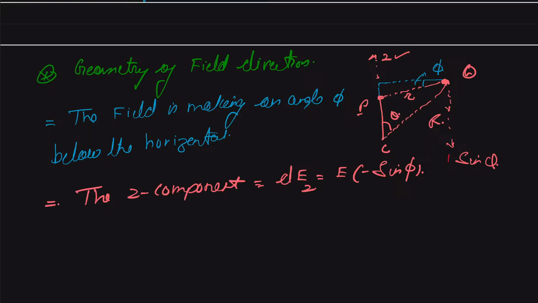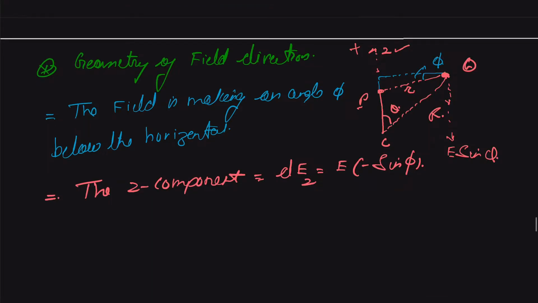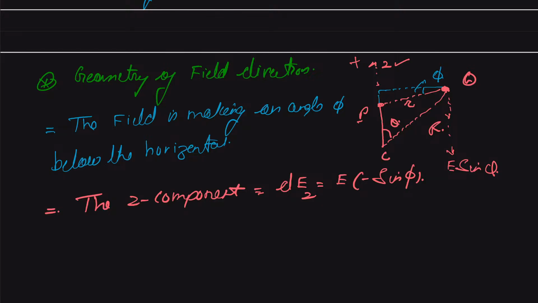Okay. And with respect to our electric field, this will be in the downward direction. Upward is positive, so downward will obviously have the negative sign. Let us mark this as C and this as C prime. So we can easily find out the distance.